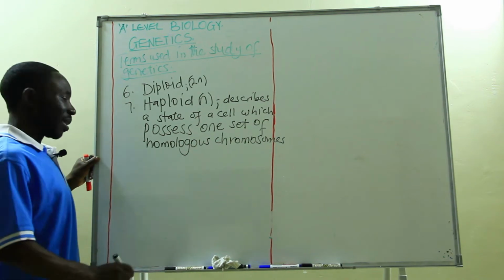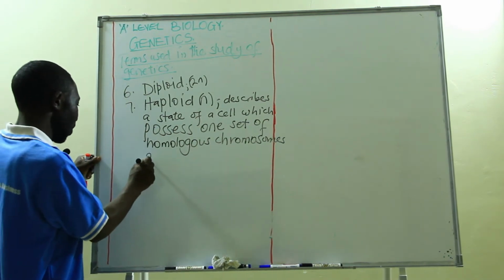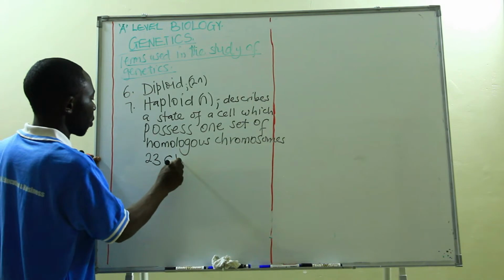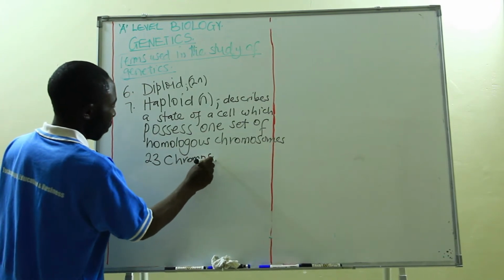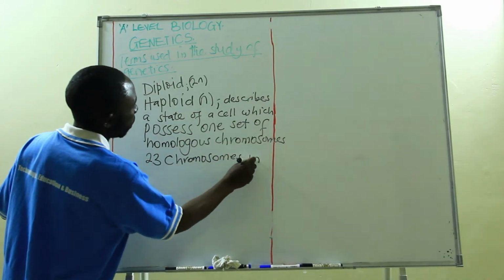And the haploid state is 23 chromosomes in human beings.